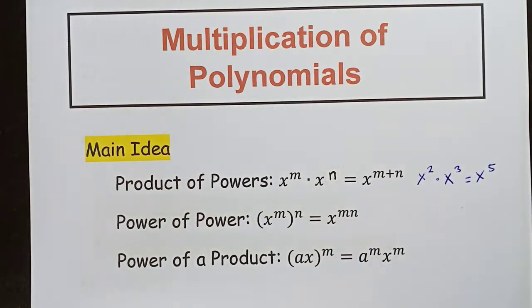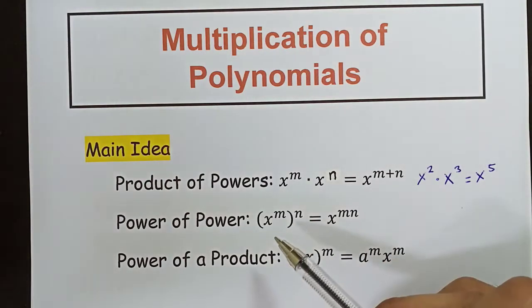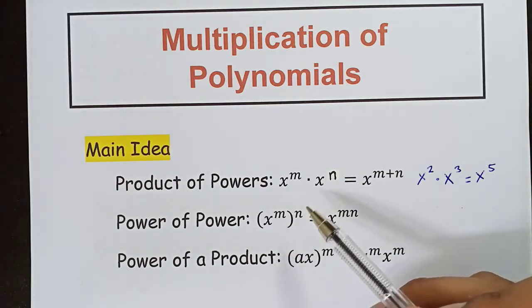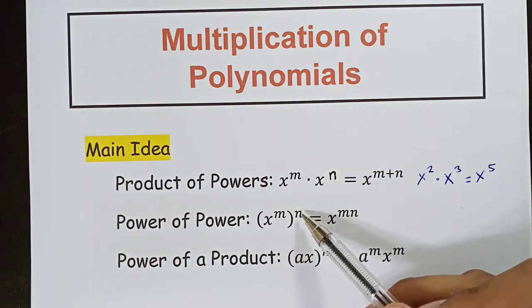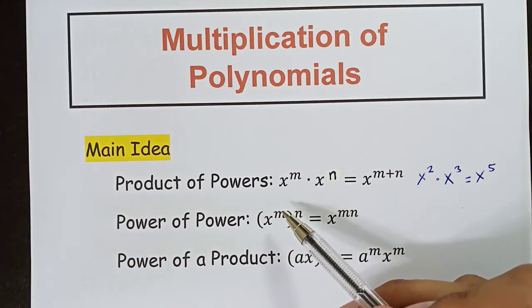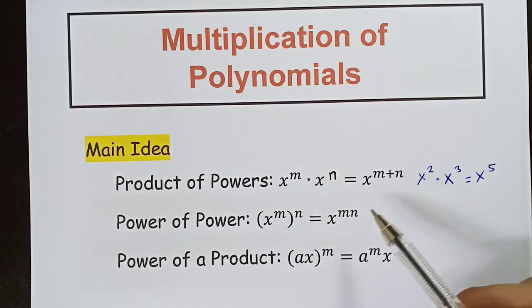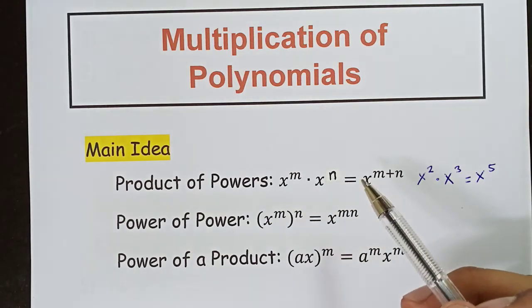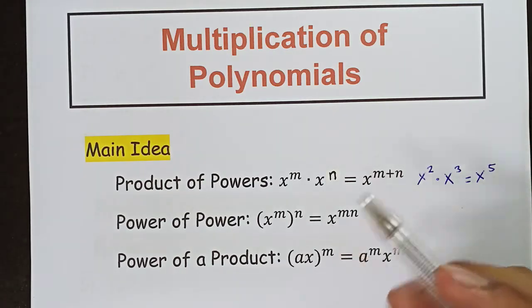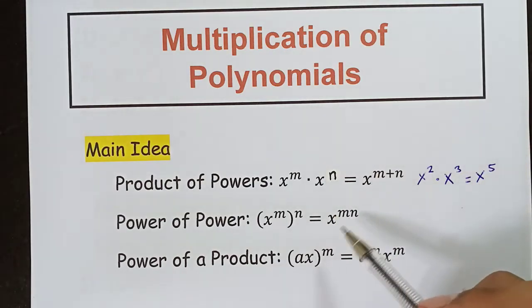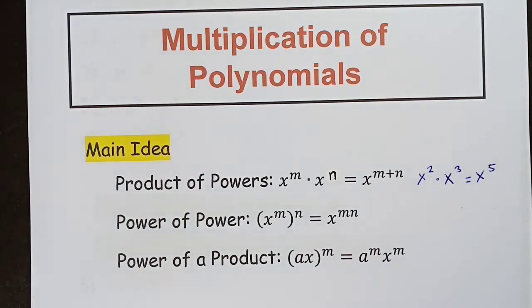Next, power of power. We have here x raised to m, quantity of x raised to m, raised to n. The power of this will be x raised to m times n.